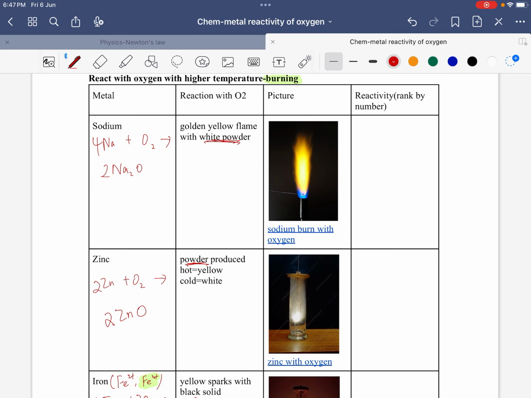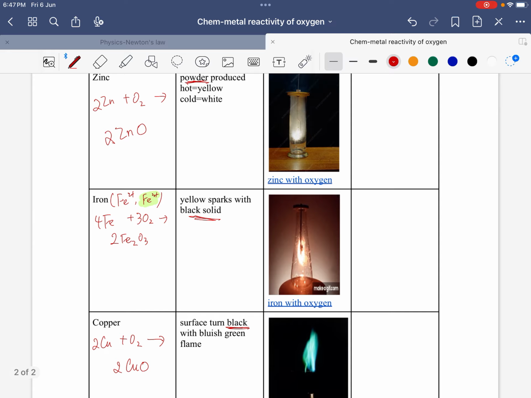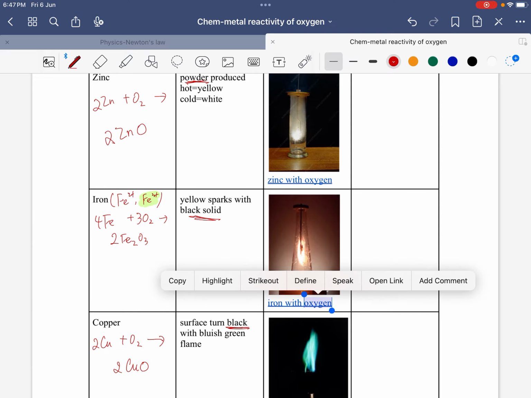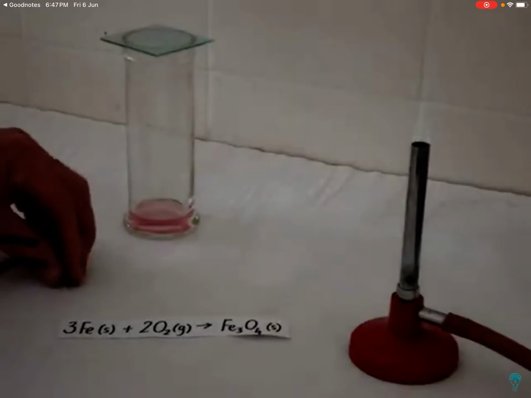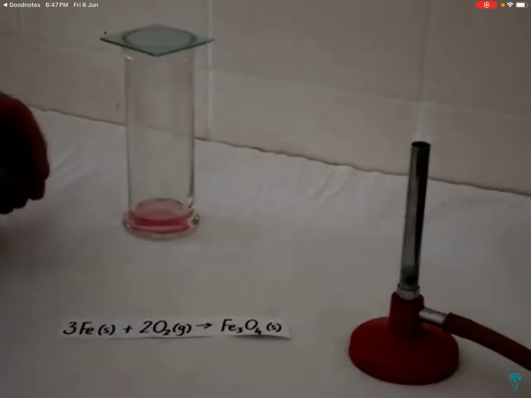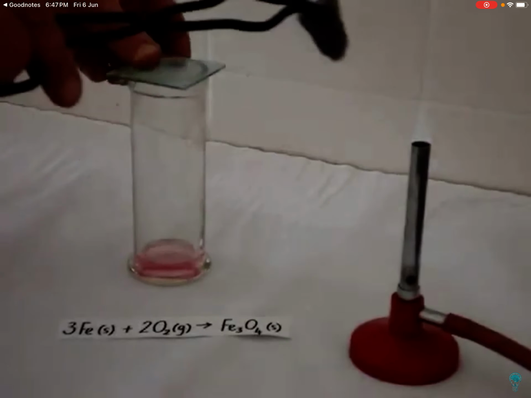And let's see how iron will react. Iron is a silvery metal. Here we see it in the form of steel wool. We're going to burn some iron in oxygen. We first ignite it. Notice it's not really a flame, it's sparks formed when it ignites.